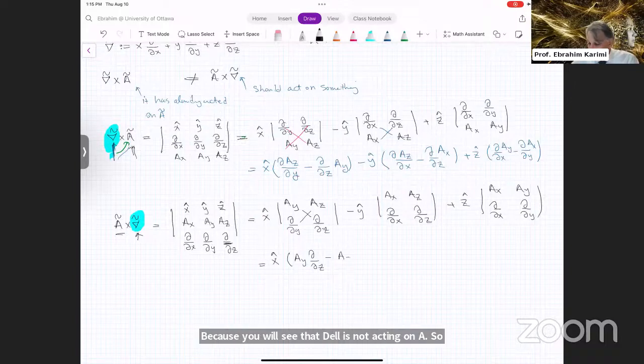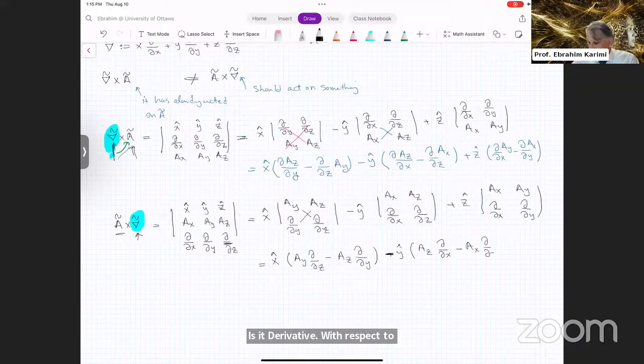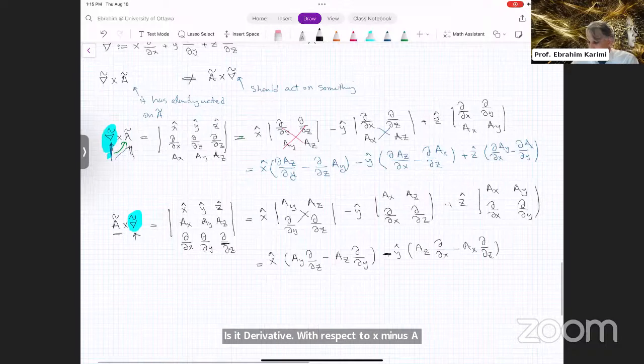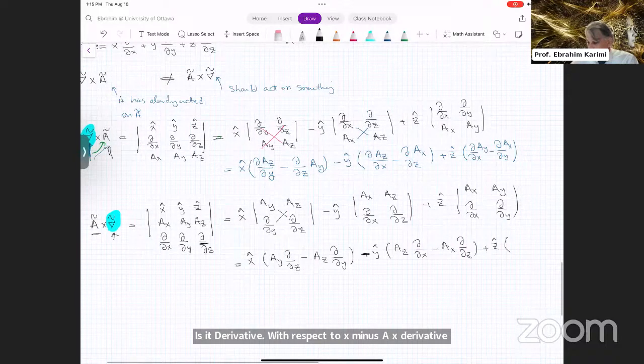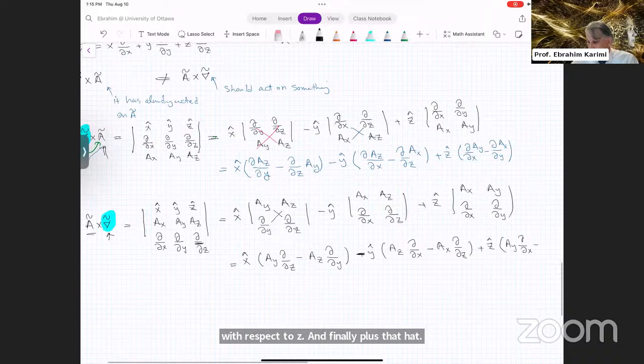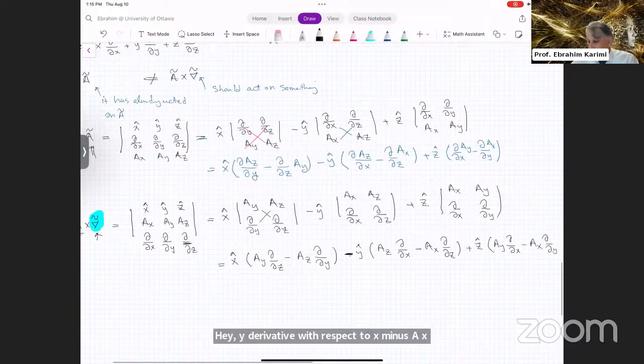You should write it az, derivative with respect to y, and plus the other term. So it will be minus y hat, az, derivative with respect to x, minus ax, derivative with respect to z, and finally plus z hat, ay, derivative with respect to x, minus ax, derivative with respect to y.